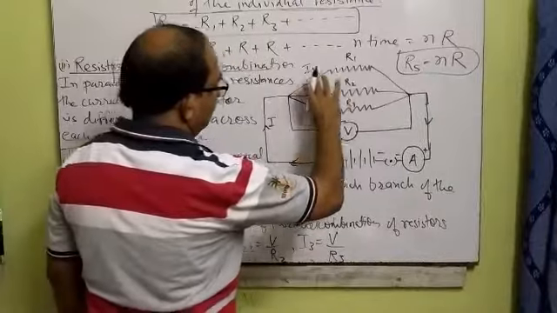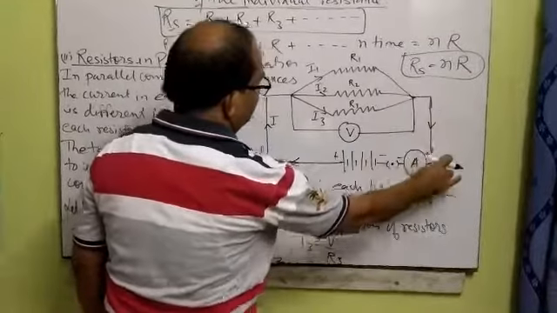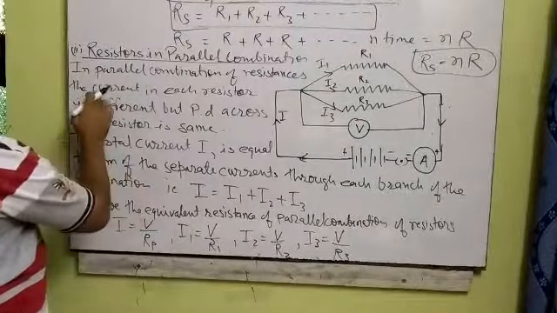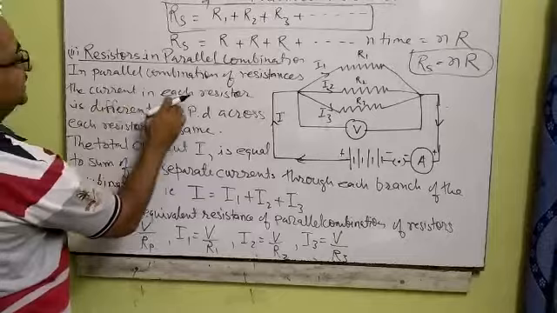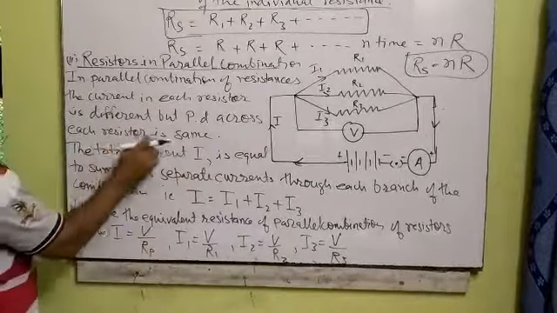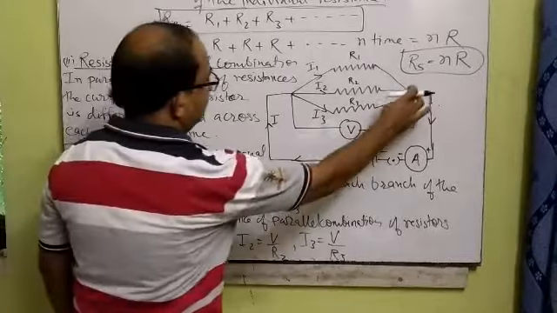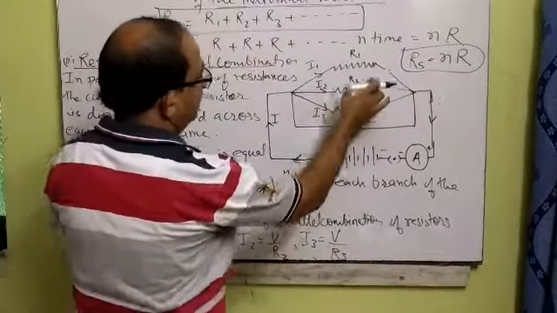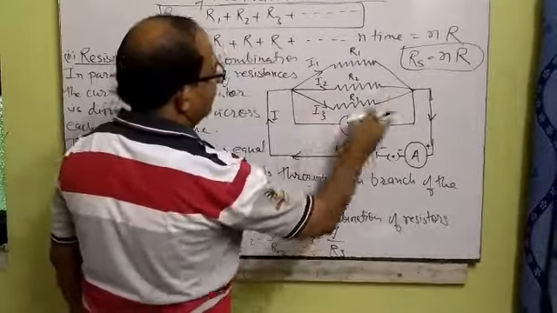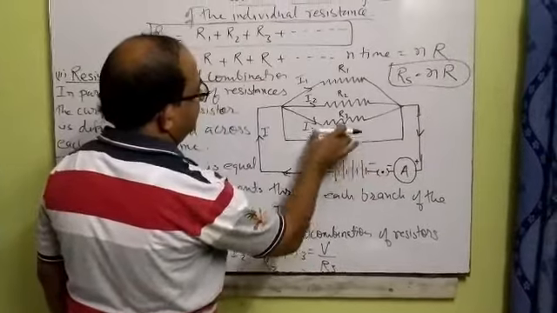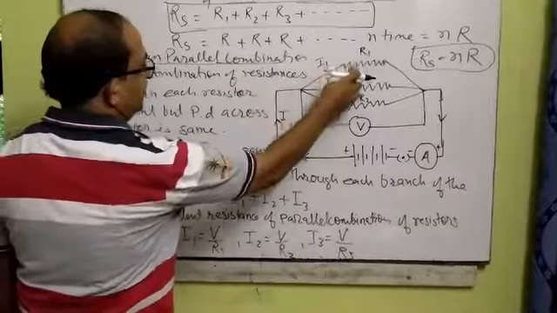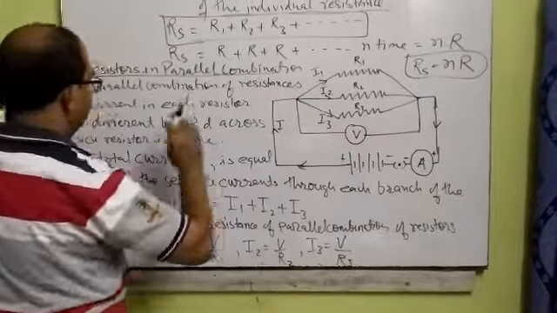But when all the currents combine, they again form the total I. So in parallel combination, the current in each resistor is different, but the potential difference across each resistor is the same. That is why we have connected a single galvanometer, because the potential difference measured along R1, R2, R3 remains the same. That is why we can commonly calculate the potential difference of the whole combination. But the current will be distributed in each of the resistances and its value will be different.